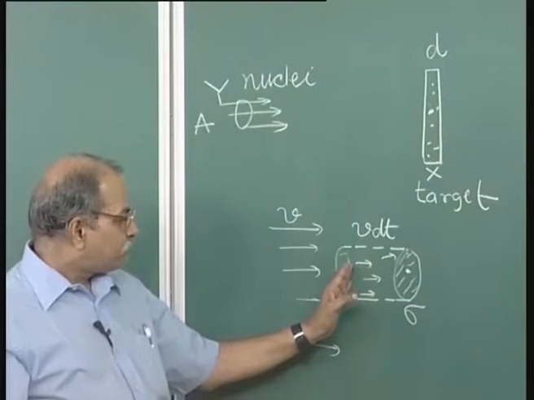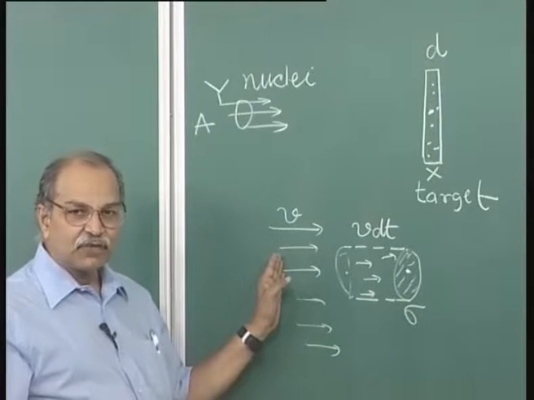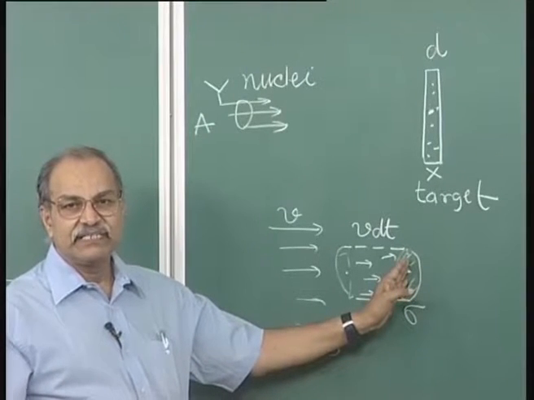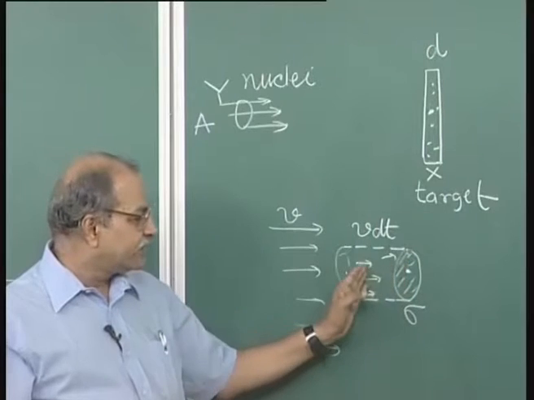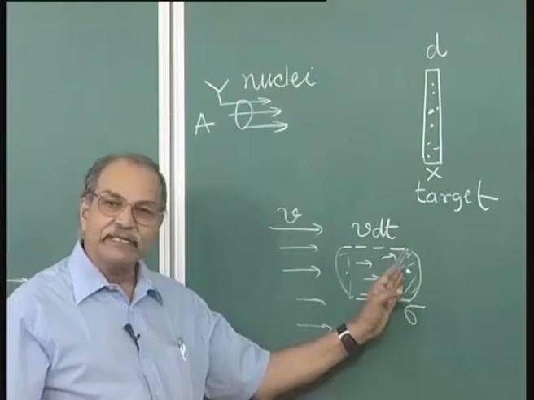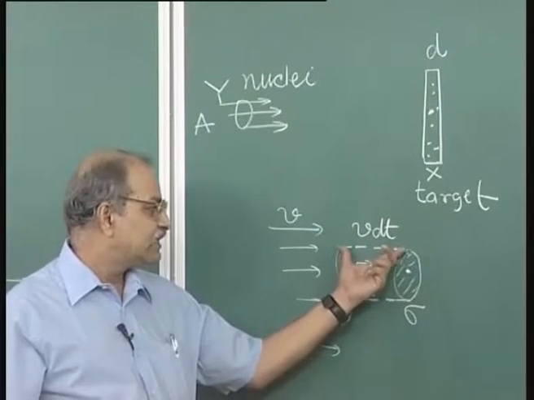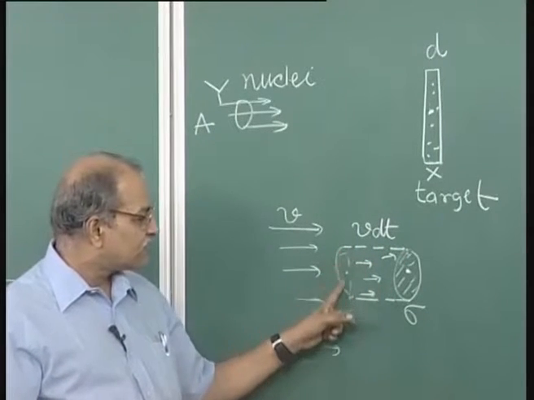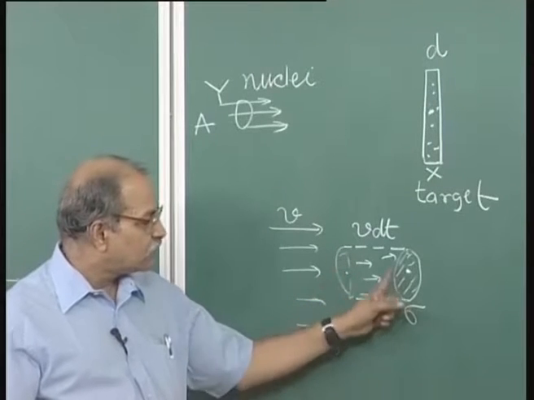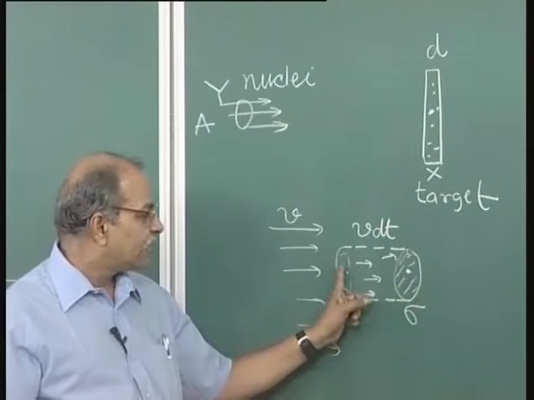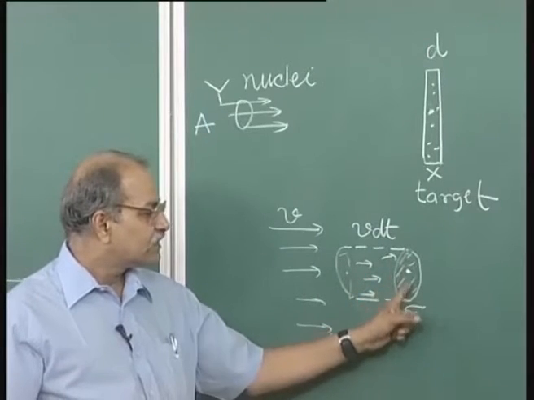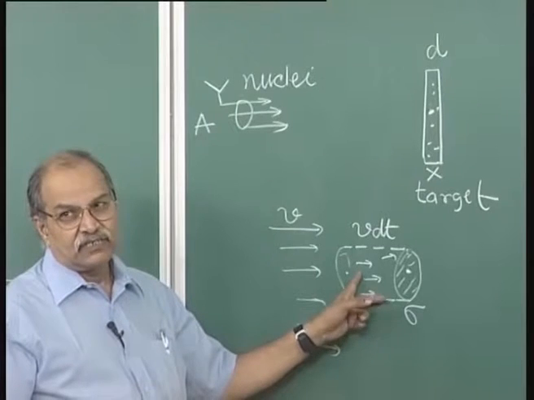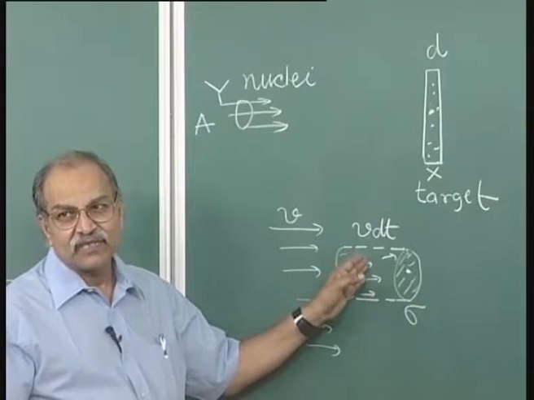Anything behind this will not be able to reach this sigma in the next time interval dt, and anything inside it will certainly hit this, because this length is v dt, the distance a nucleus moves. The nuclei on this face will also reach this sigma, and all the nuclei ahead of them certainly will, and anything behind will not. So, how many nuclei are there in this volume?